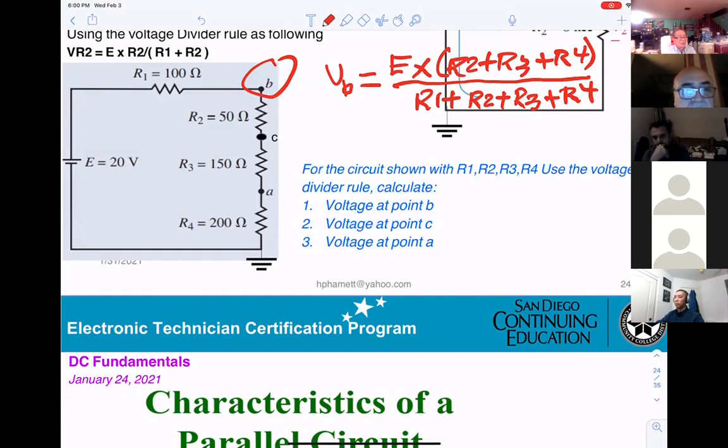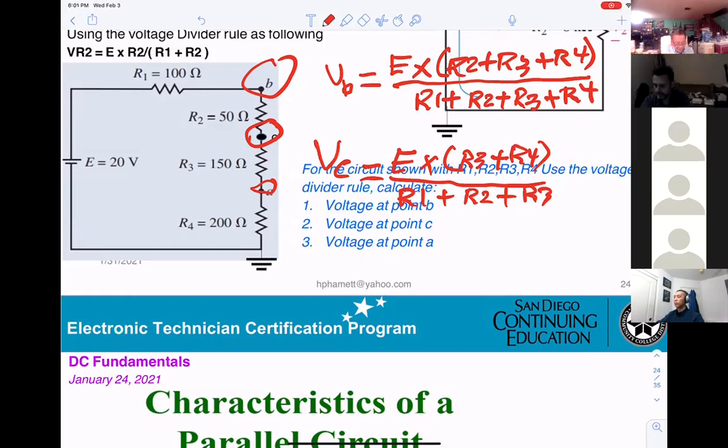Okay, now if I want, make sure you understand, I want VC right here. Equal what? Equal formula. R3 plus R4, times what? R3 plus R4 divided by total.